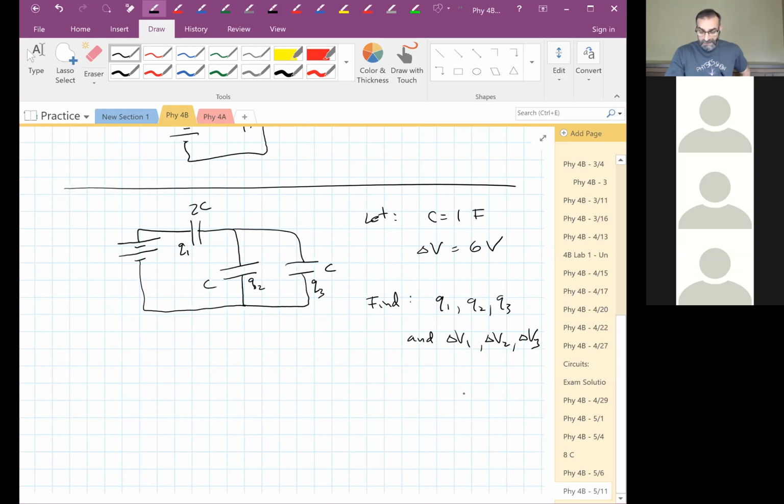That's the unit. Question, what is F? This is the unit for capacitance, the farad.